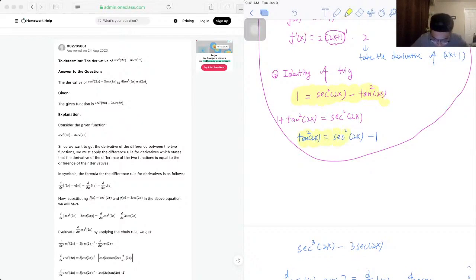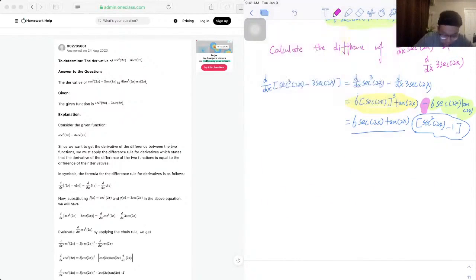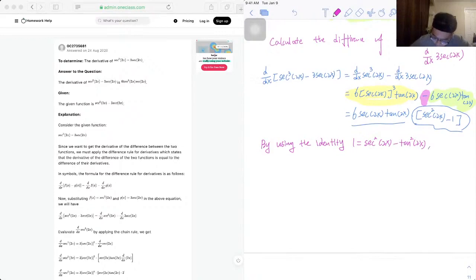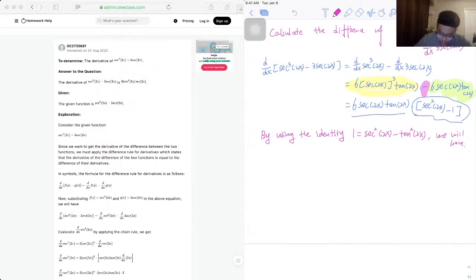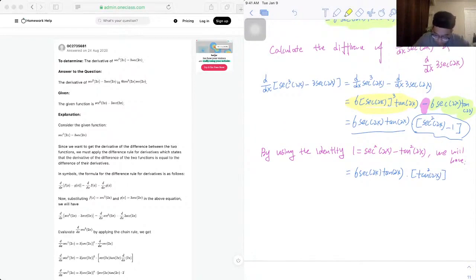So we can actually sub this in, and by using the identity, 1 is equal to secant 2x squared minus tangent 2x to the exponent of 2, we will have 6 secant 2x tangent 2x times tangent 2x to the exponent of 2, and remember these two are exactly the same thing, the two gray parts.